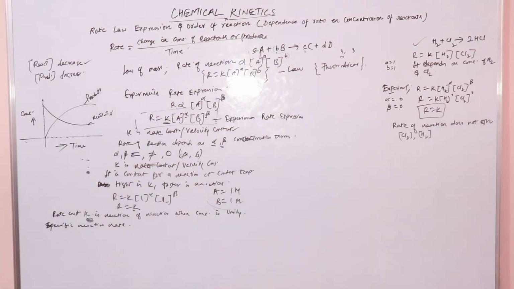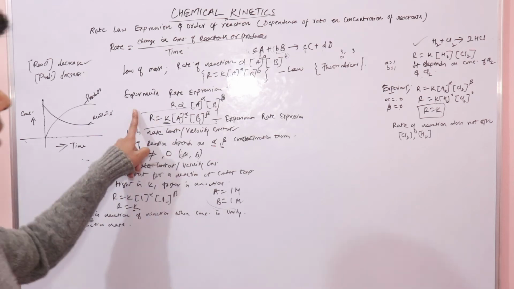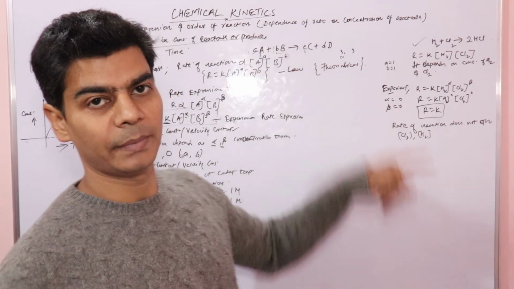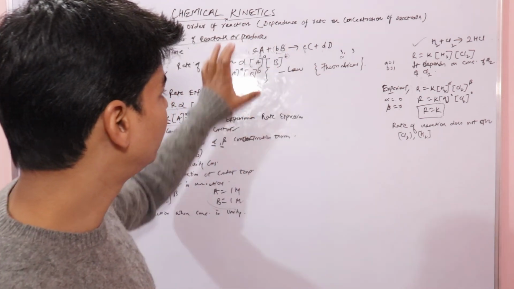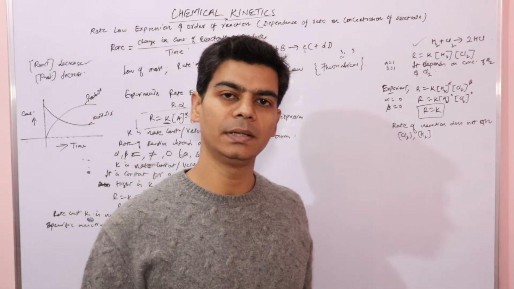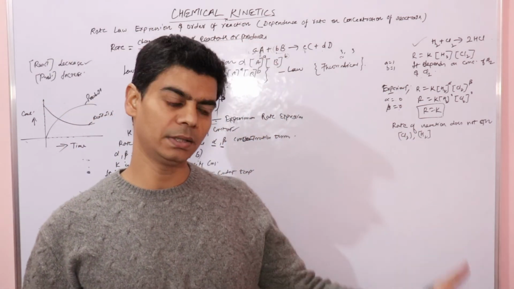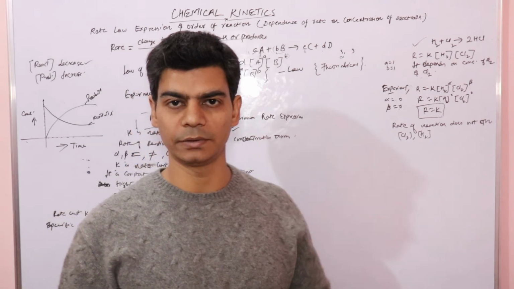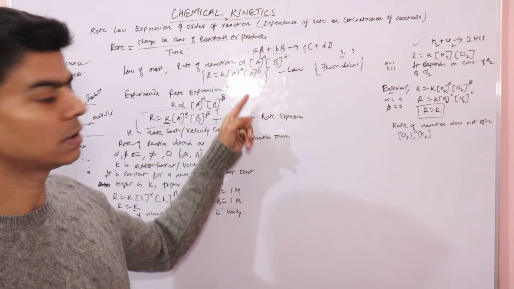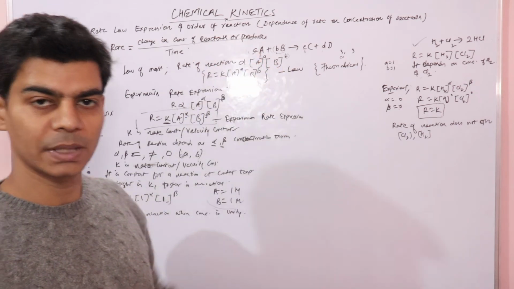So we are done with rate expressions, experimental rate expressions, and rate expressions based on law of mass action, right? And Goldberg and Waage, I said, were the first scientists who studied the dependence of rate of reaction on concentration, right? They formulated this rate law expression.